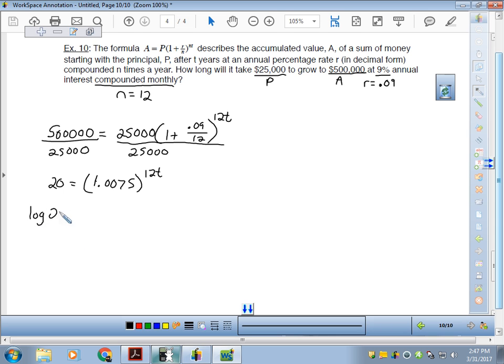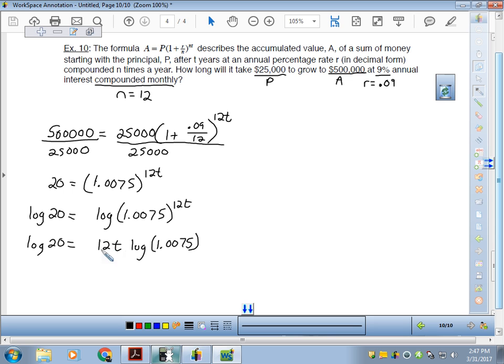So log of 20 equals log of 1.0075 raised to the 12t. Now that I've taken a logarithm, I can move the exponent to the front using my properties of logarithms. So log of 20 equals 12t log of 1.0075.